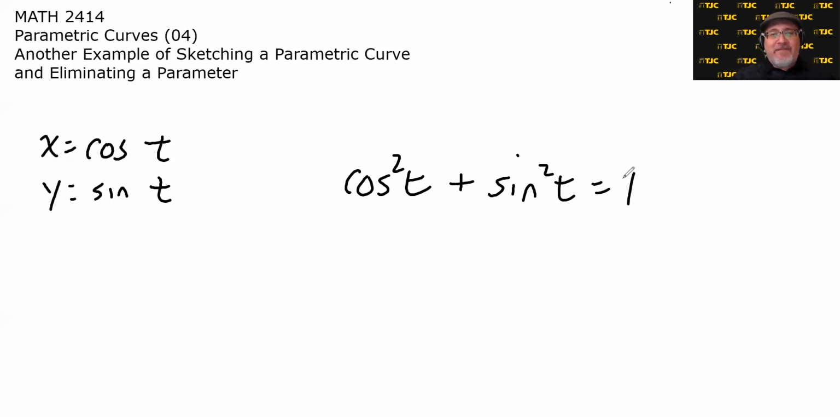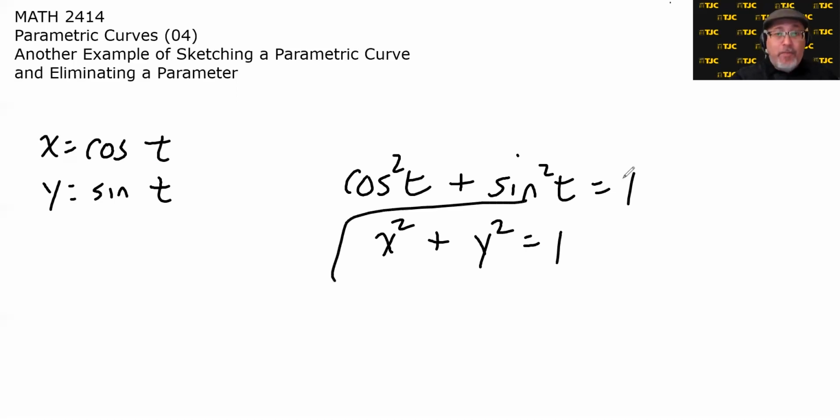So if I want to take advantage of that identity, all I have to do is replace cosine with x. This is cosine squared, so it's x squared. And replace sine of t with y. Since it's sine squared of t, we get y squared equals 1. And all of you better know that that's the equation of a unit circle.